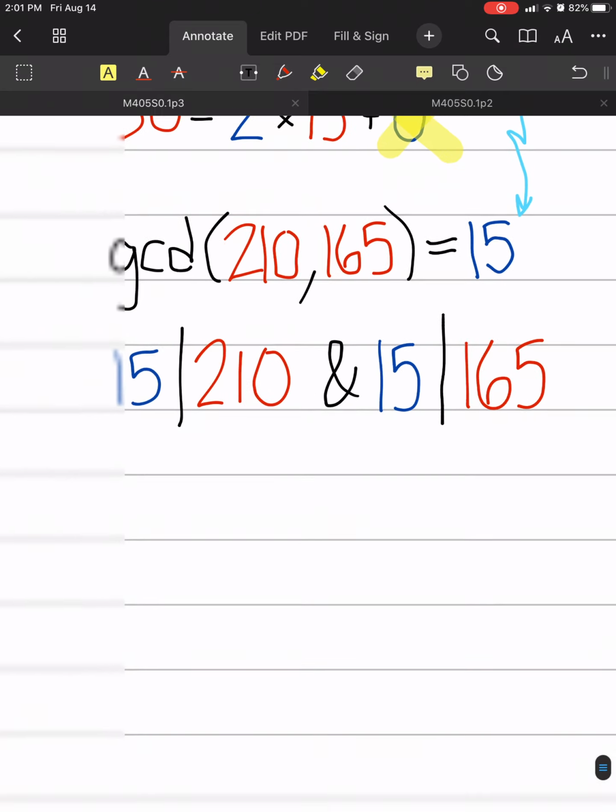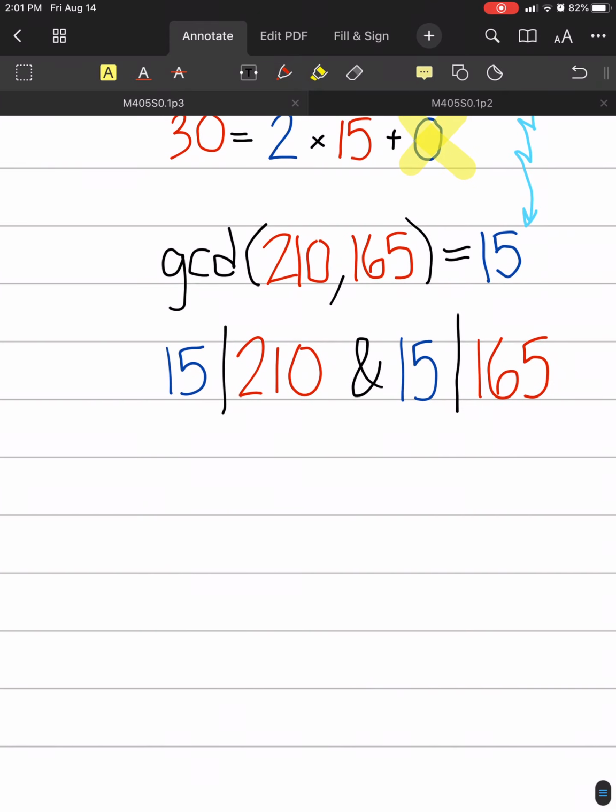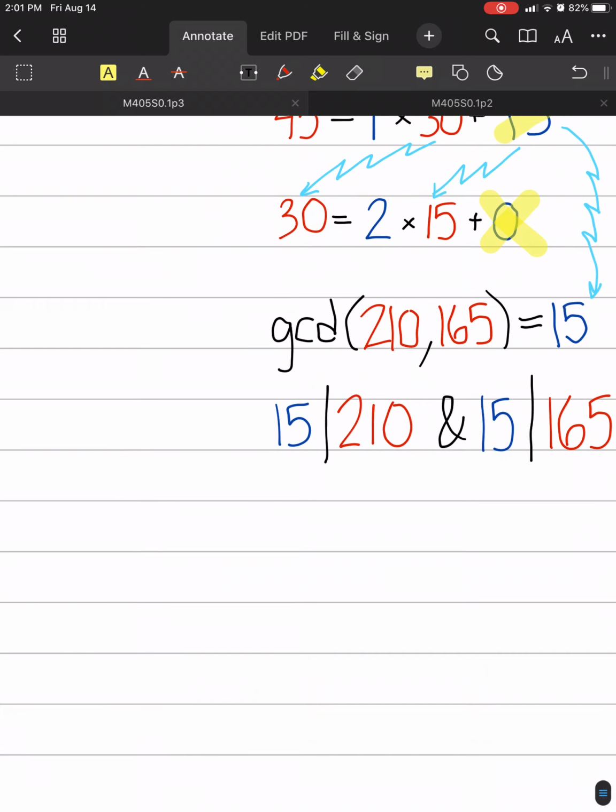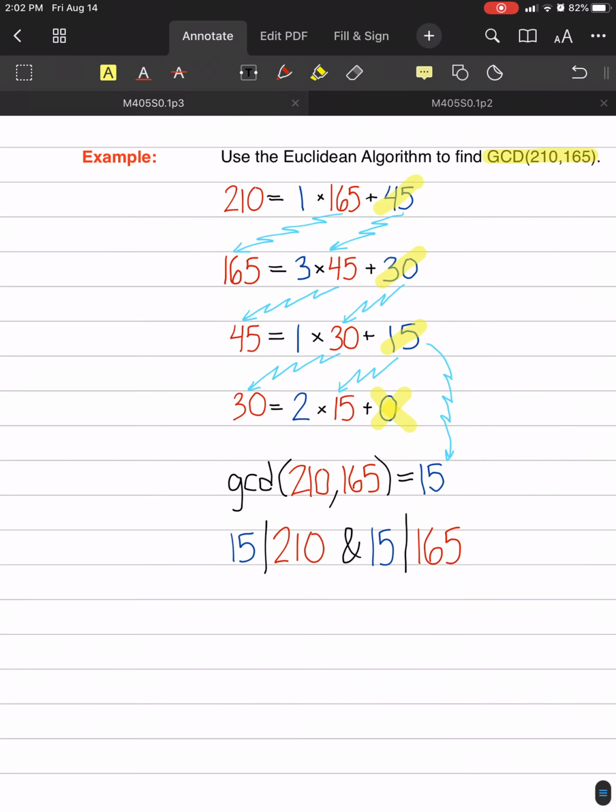So we've got 15 goes into both of those, and any other number that divides both of them is smaller. So that's what we find for this GCD here.